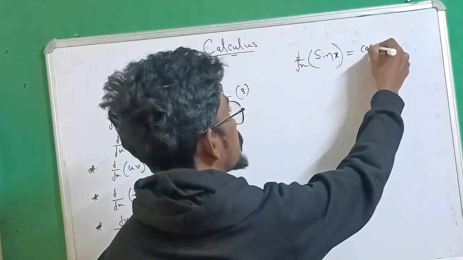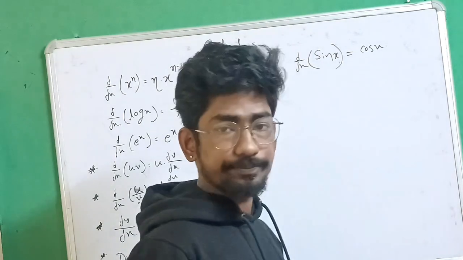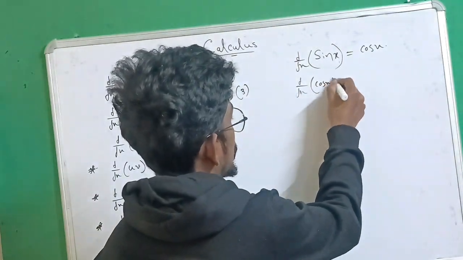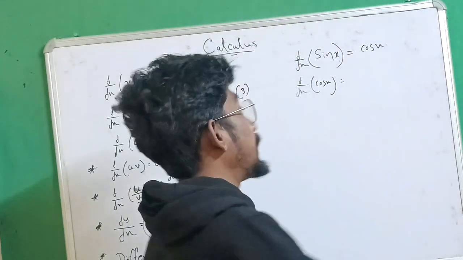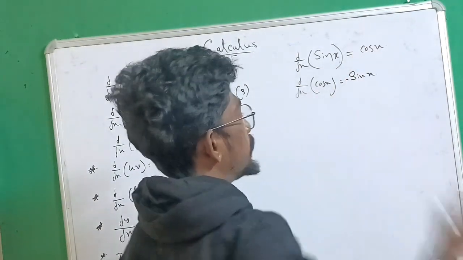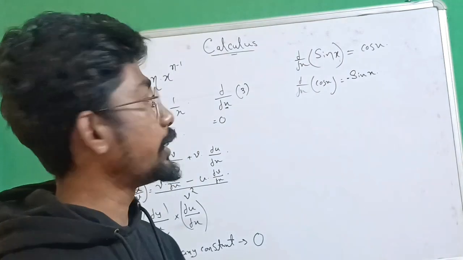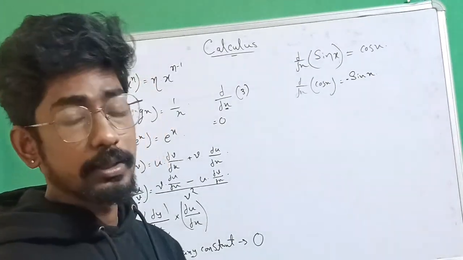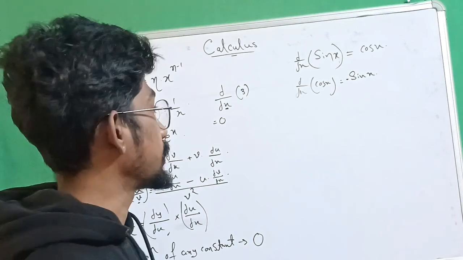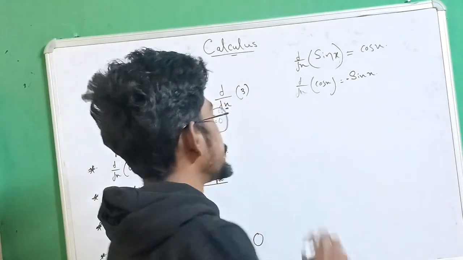You will get cos x, the complementary function of sine. Now differentiation of the cos function. What you will get? You will get the sine function, but a negative sign will be there. Why is the negative sign there? Because I already told you, cos is a very weird function. I explained this in my trigonometrical classes. You can go through it.